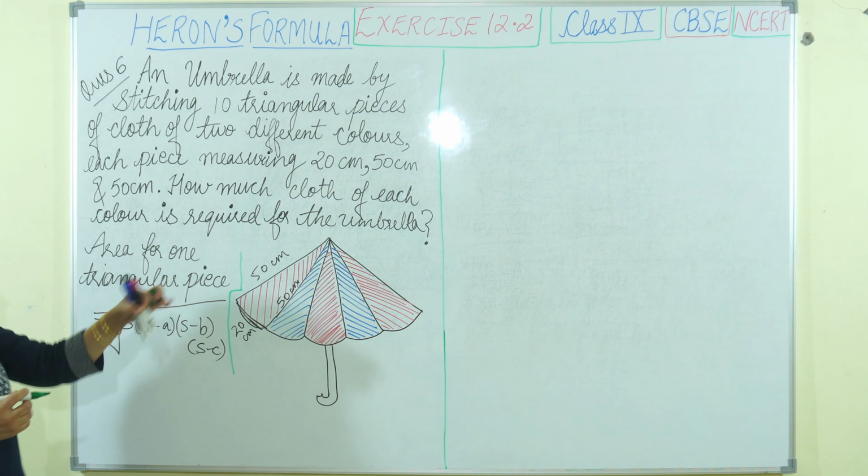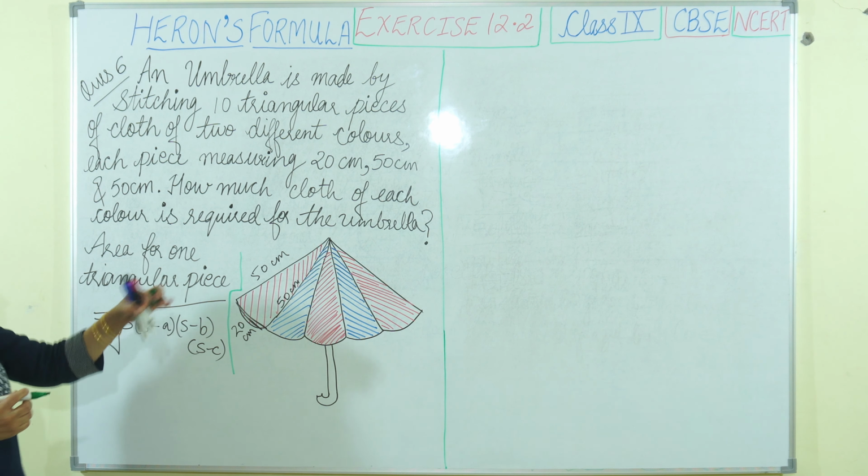So how much cloth of each color is required? The area of 5 triangular cloth pieces of one color, say red, because I have denoted it with red here, will be equal to 5 into 200 under root 6.